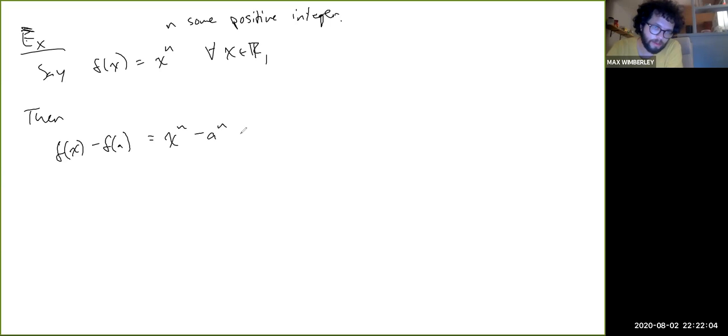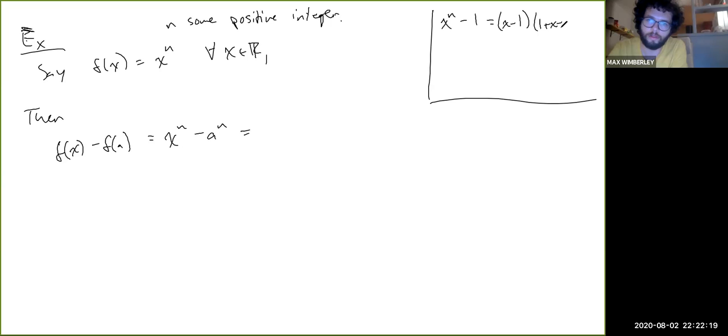And there's a formula for this, which is actually related to the formula that you use in a geometric series. Something like x to the n minus 1 equals x minus 1 times 1 plus x plus up to x to the n minus 1. You can generalize it to this very easily, because if you factor out a to the n from this expression, you get x over a to the n minus 1, and then you can use this formula.